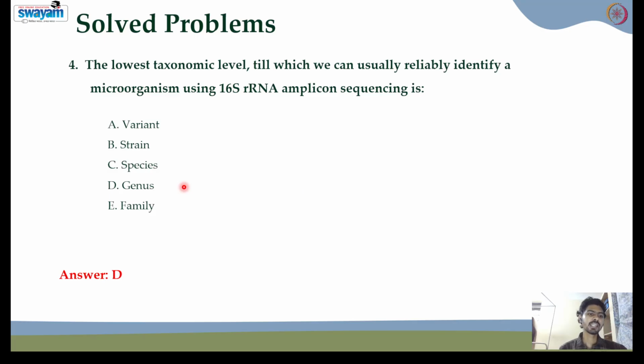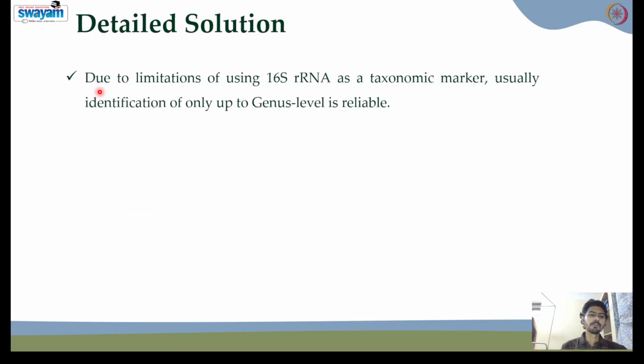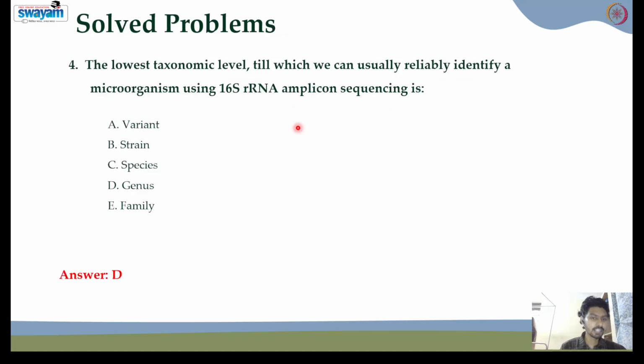We can identify up to the genus level accurately. Why? Because this is one of the limitations of 16S rRNA as a taxonomic marker. Usually what happens is that we can identify only to the genus level. Why not species level and why not the other ones? We will see now. The first option is variant. A variant is nothing but two different species with slight variation in the DNA sequence.